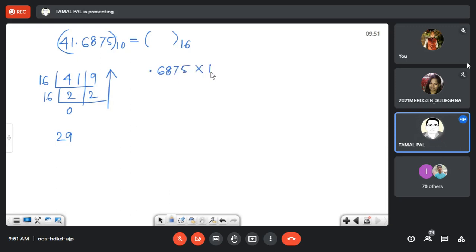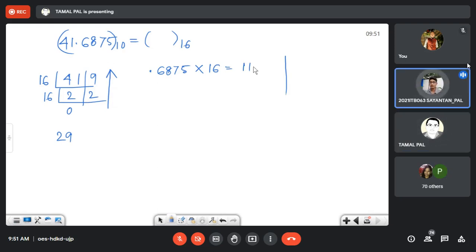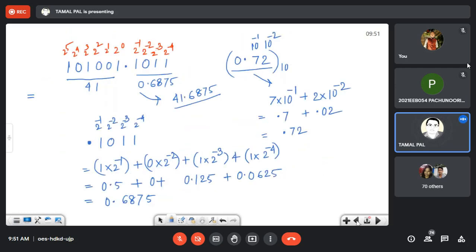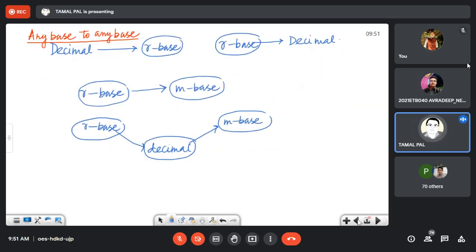And for 0.6875, multiplied by 16, what is the result? 11.0. Then we don't need to carry on because our fraction part is 0 and the integer part is 11. So what does 11 mean?